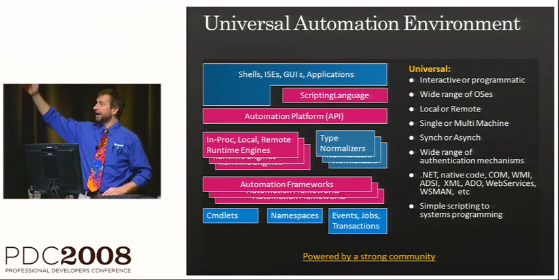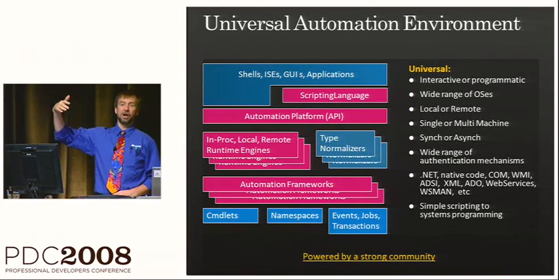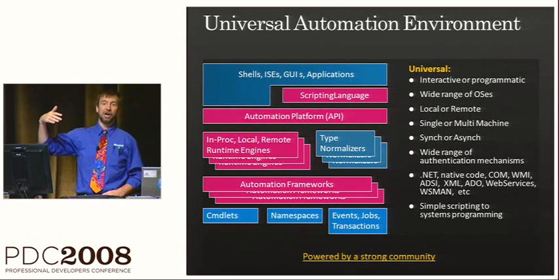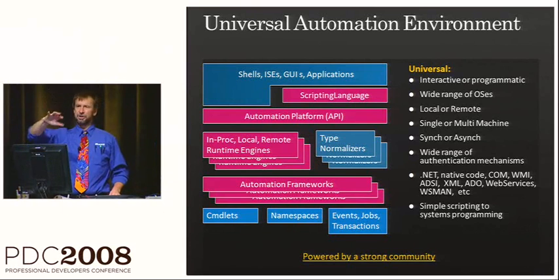So we have an API at the top. Our language calls that, our command line shell calls that, our integrated scripting environment calls that, admin GUIs call that. You can write your own application. Lots of folks are hosting PowerShell in their applications, so it's an API that you can call.